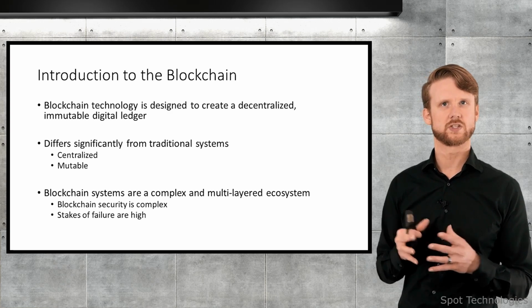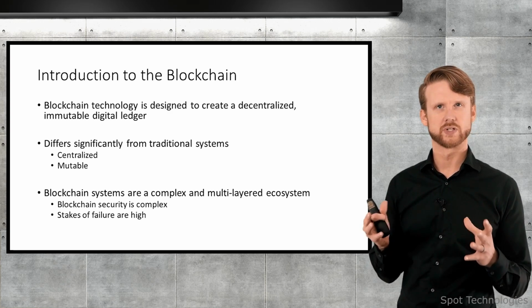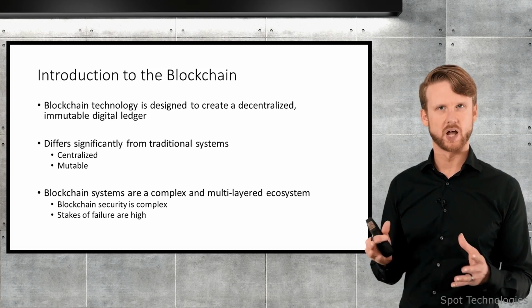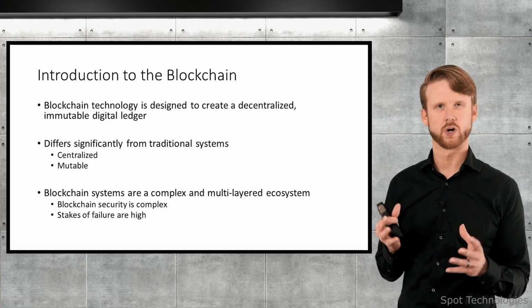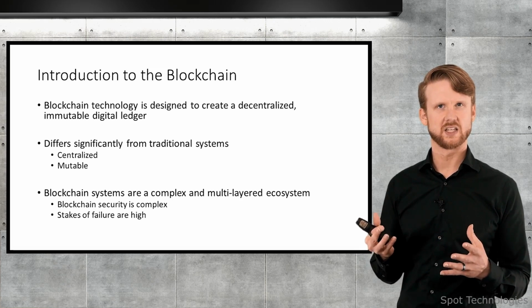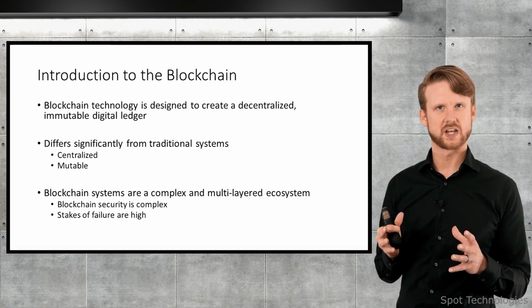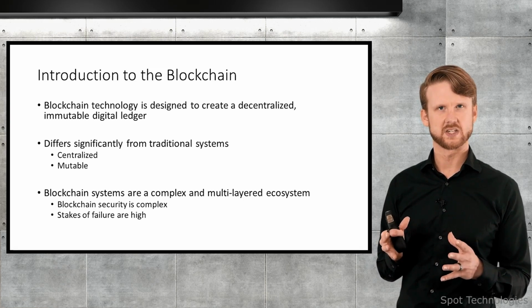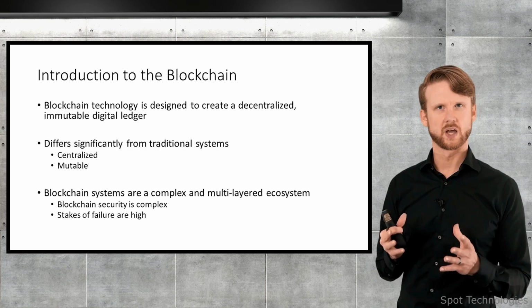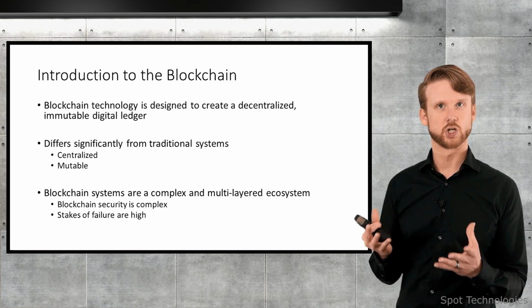And so to do this, we have a complex and multi-layered system. A blockchain is complicated because it not only needs to have mechanisms for storing and maintaining the digital ledger, it also needs to have mechanisms for securing it. And so with the complexity of the blockchain system comes complexity of blockchain security.